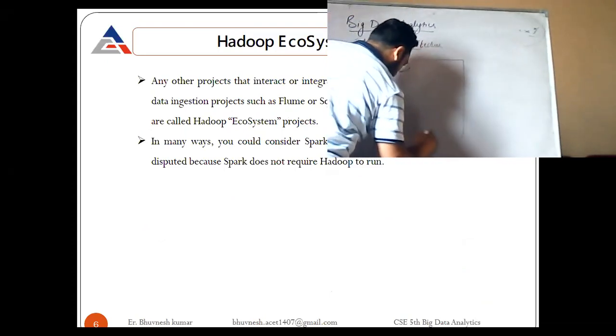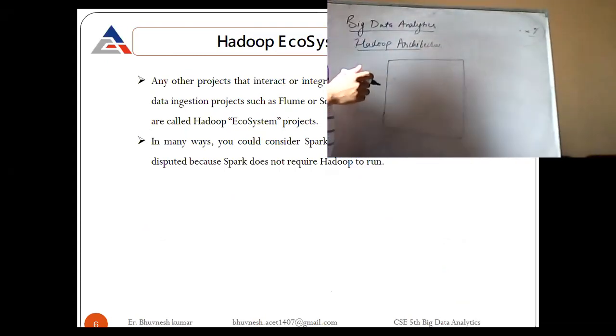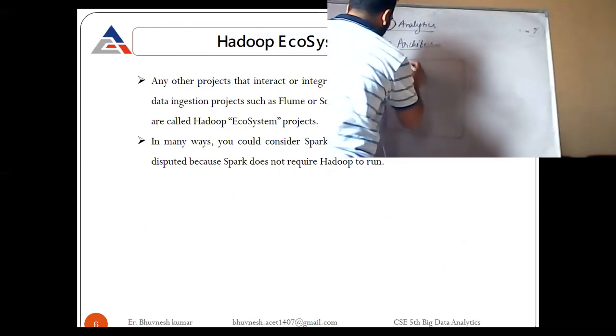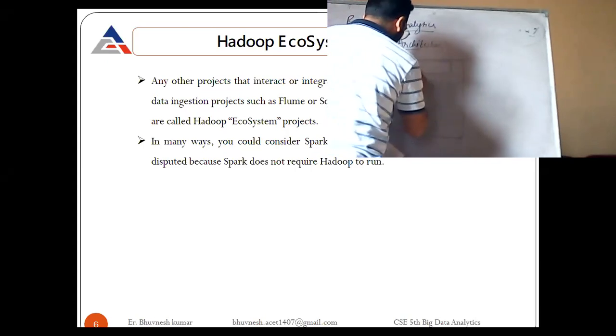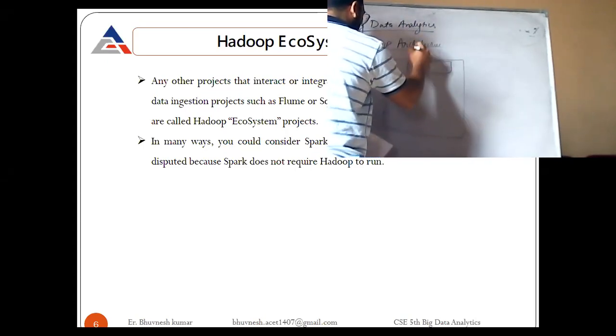The question asked is what is the functionality of YARN. First of all, this is your Hadoop architecture.